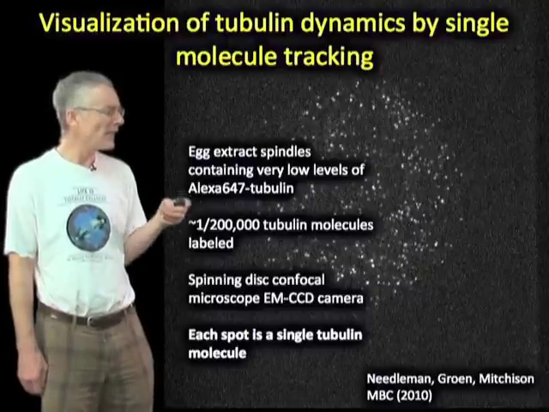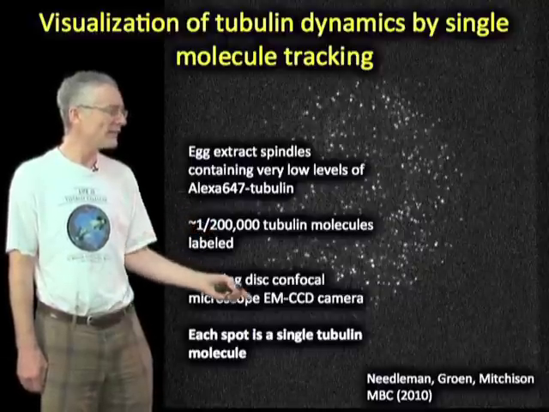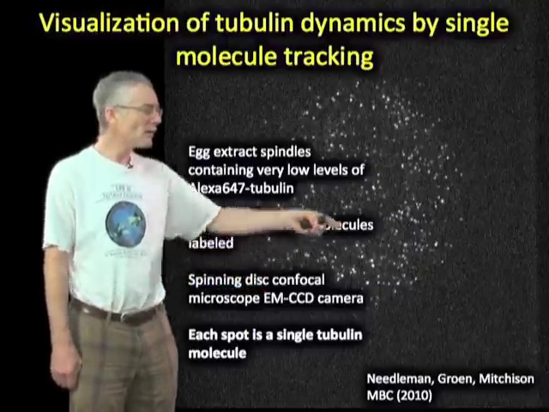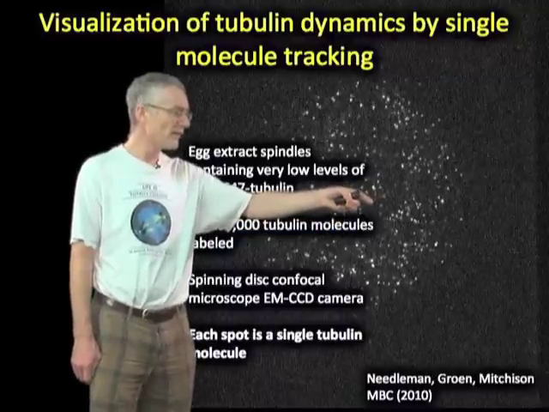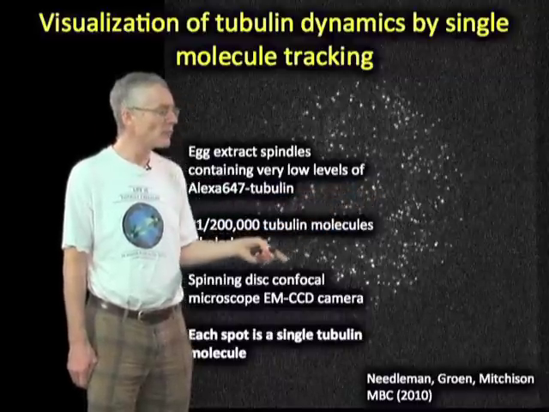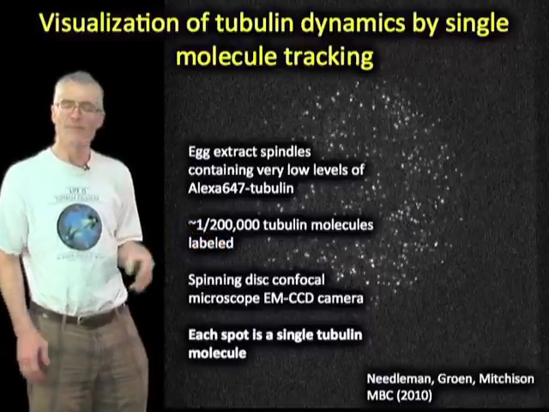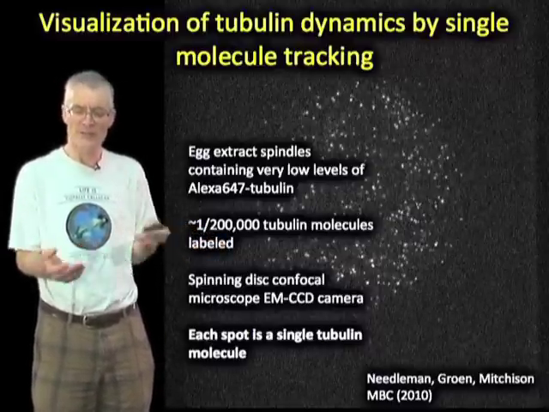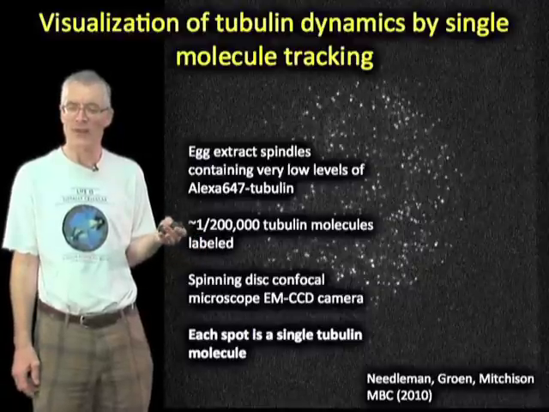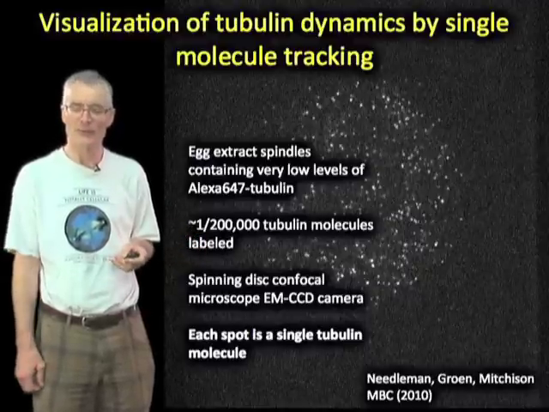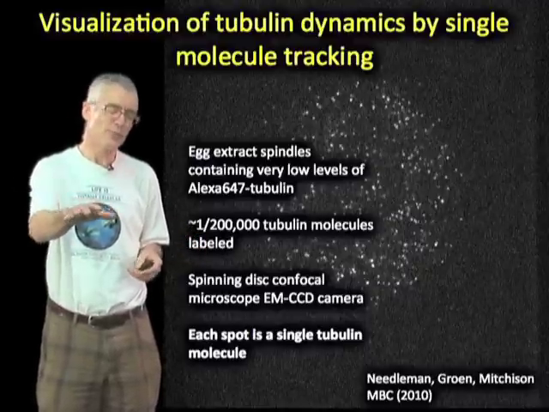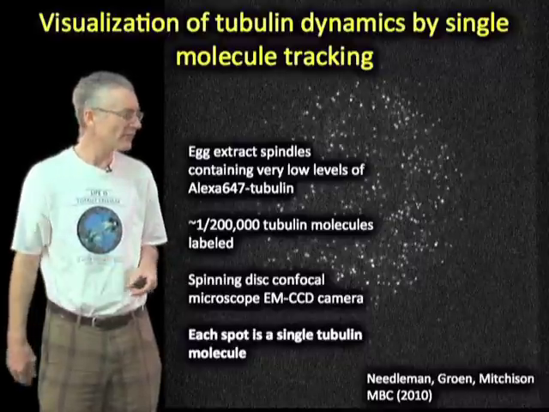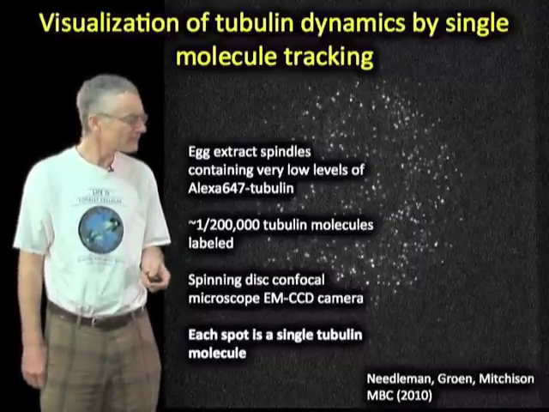Now here, using a spinning disc confocal and a very sensitive camera, we can see these dots, which actually turn out to be single tubulin molecules. What we've done here is we've spiked a very low concentration of fluorescent tubulin into the spindle, such that only 1 in every 200,000 molecules approximately is fluorescent. That means a single microtubule on average is only going to have 1 fluorescent spot in it.